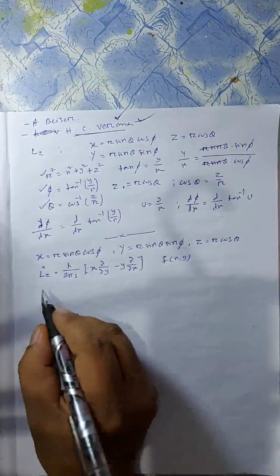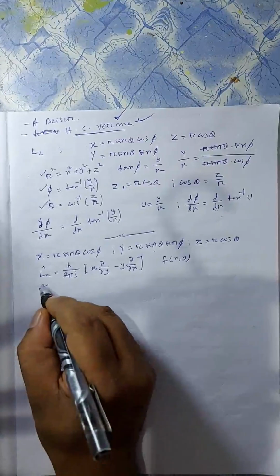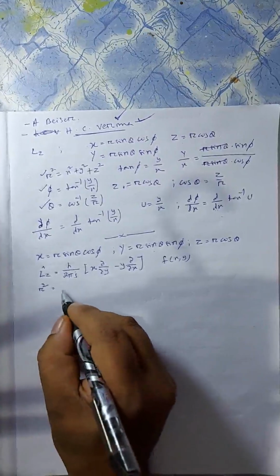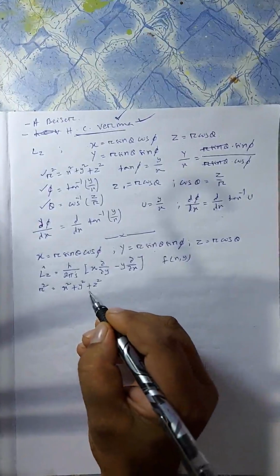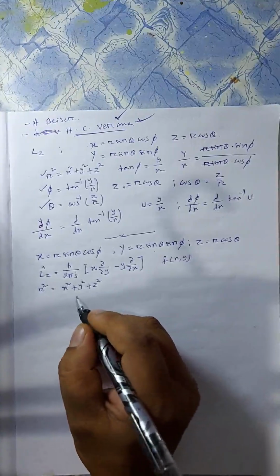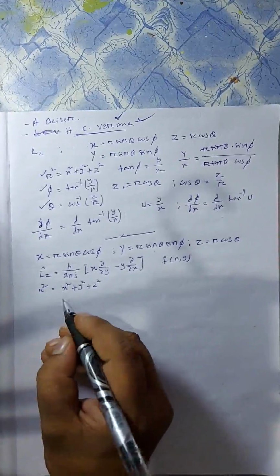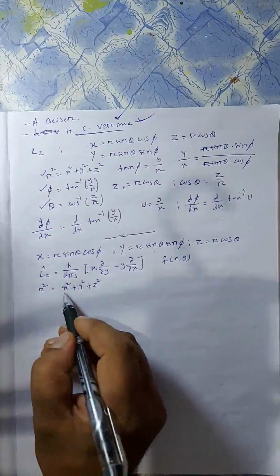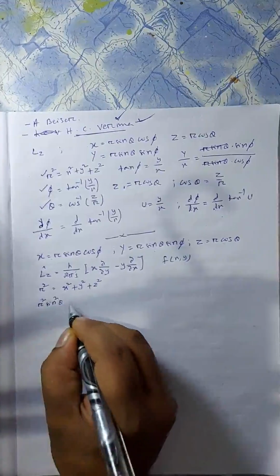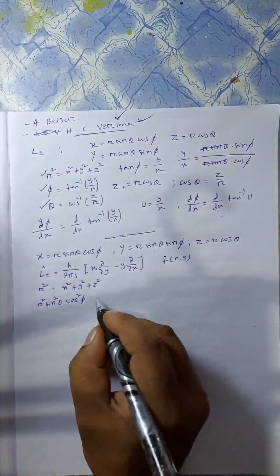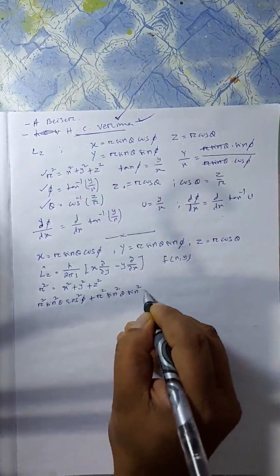First we consider r square. How to find out r square? We know that r square is equal to x square plus y square plus z square, because the new coordinates r, theta, phi will be in such an equation. How do we find it? x square is equal to r square sin square theta cos square phi. y square is equal to r square sin square theta sin square phi.